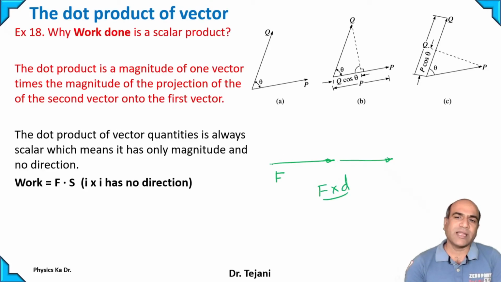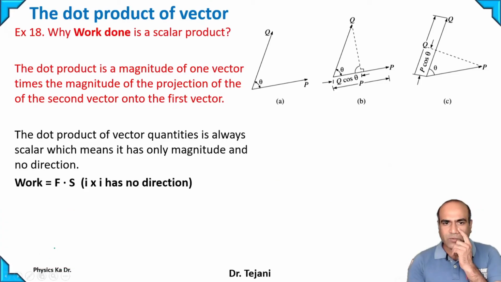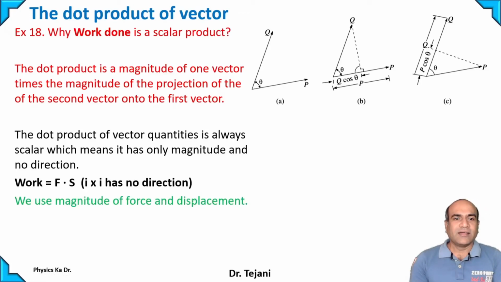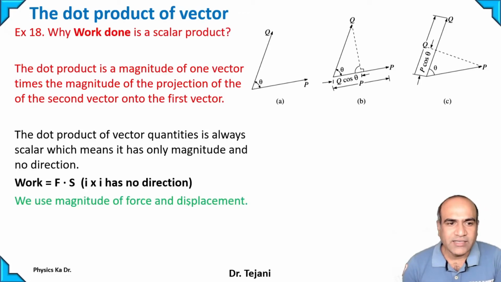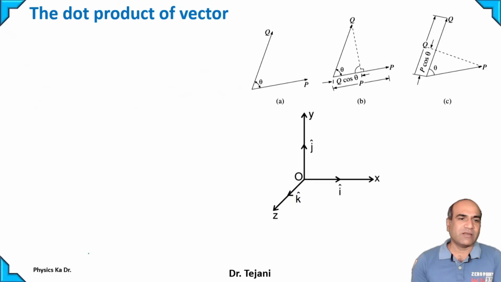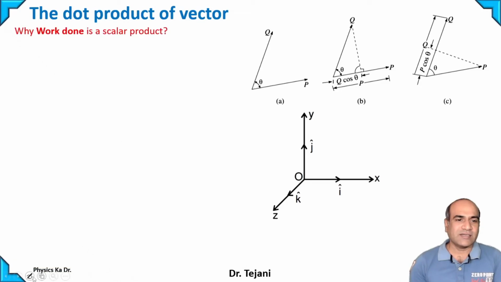If it is in another direction, it ultimately does not give any direction for that, right? So we use the magnitude of force and the magnitude of displacement. Ultimately, therefore, work is not a vector, but just a scalar product.